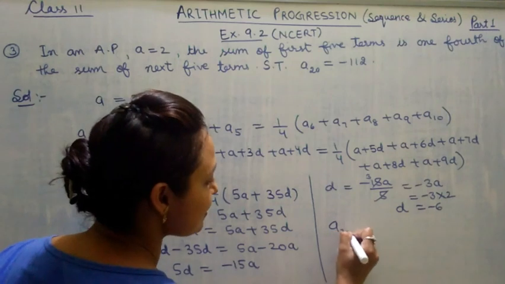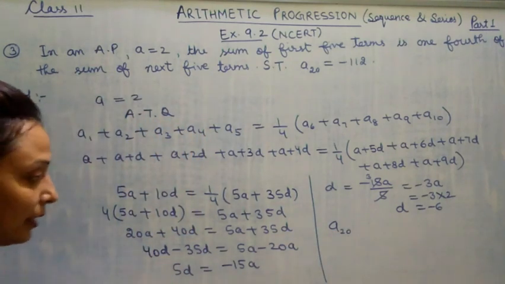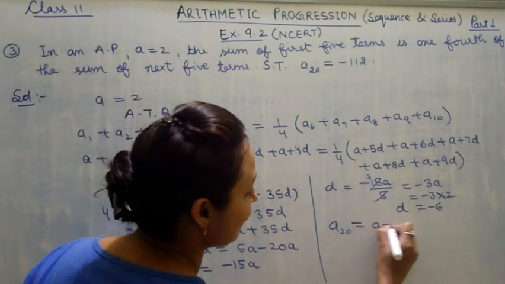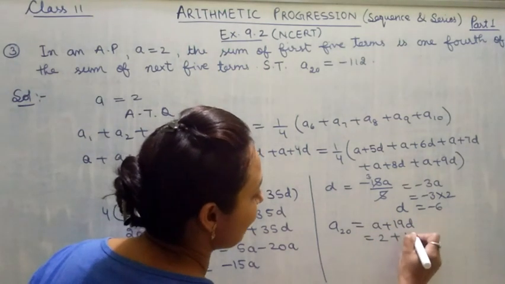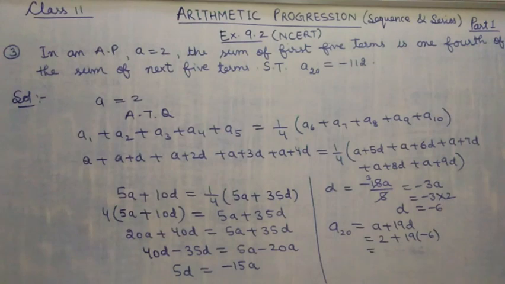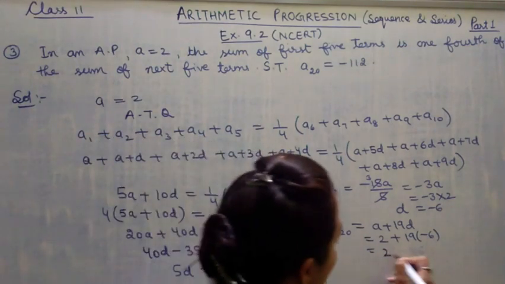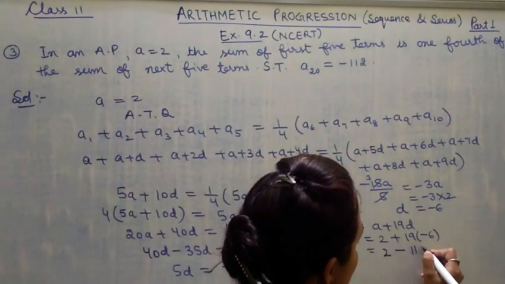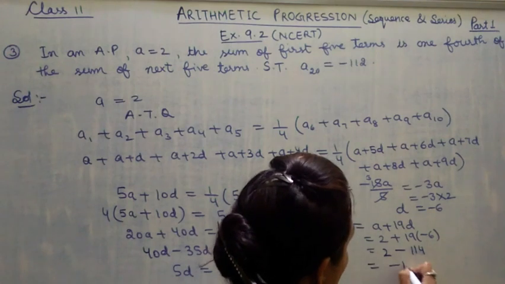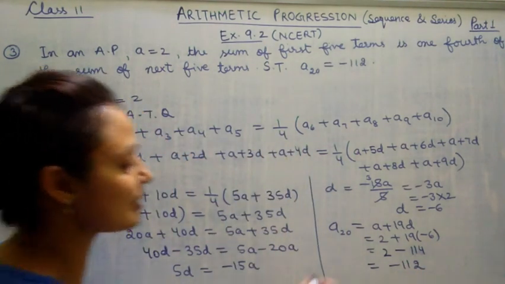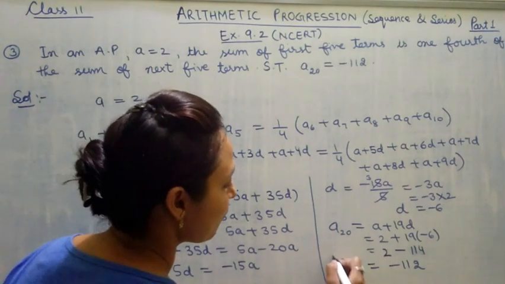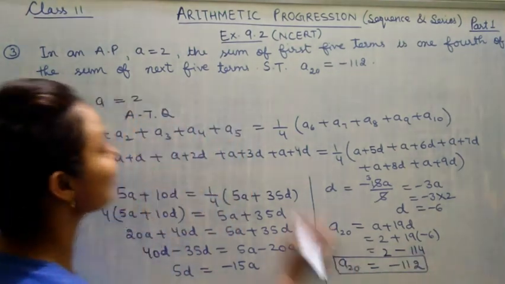I will concentrate only on a20, that is equal to a plus 19d. So what is the value of a? That is 2, and d, 19 into 6. Now the value is 2 minus 114, that is minus 112. So this is the way to solve the question. This is a20 which you want to find out. So now this is question number 3.